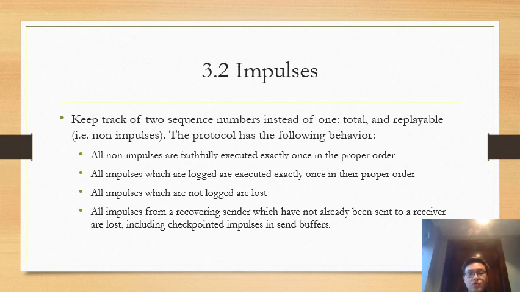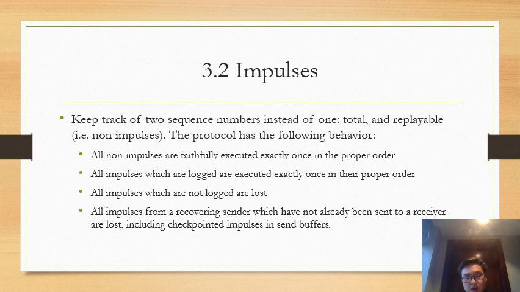Now let me introduce the concept of impulses in Ambrosia. Impulses are used to deal with sources of non-determinism. The previous method call example is deterministic, and we need some ways to deal with non-deterministic method calls, which are called impulses.